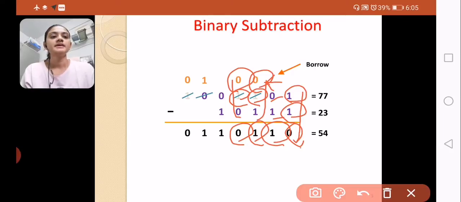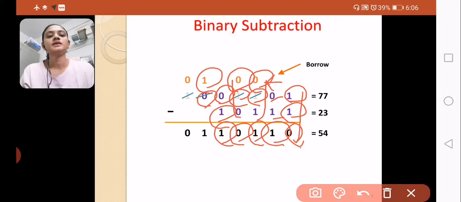But here one borrow is taken and it is completed, right? Now in the next combination 0 minus 1 is there. So you know the rules, 0 minus 1 is 1 and you have to take a borrow here. So 0 is here, so you have to take 1 here as a borrow. So this one is taken here 1. Okay.